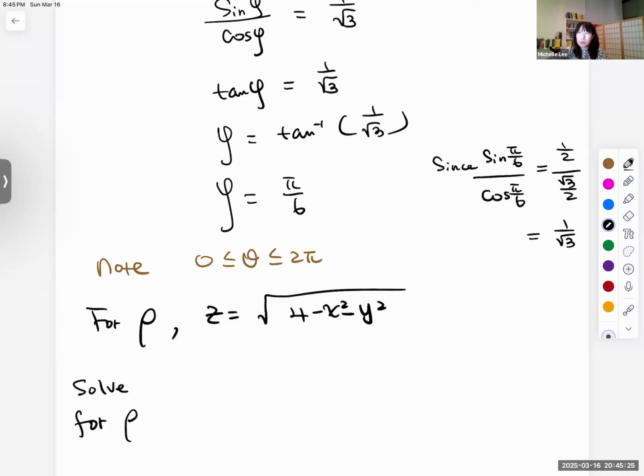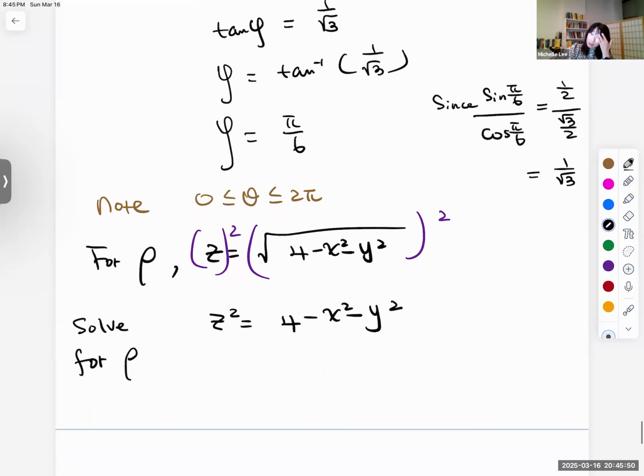In order to get rho, we have to put x, y, z on one side. With the square, that is rho squared, right? So we get z squared equals 4 minus x squared minus y squared.